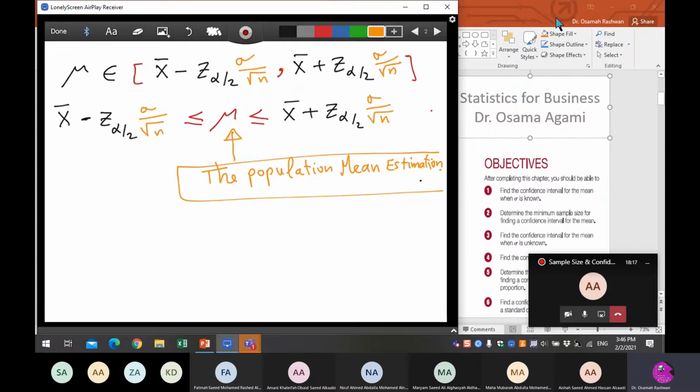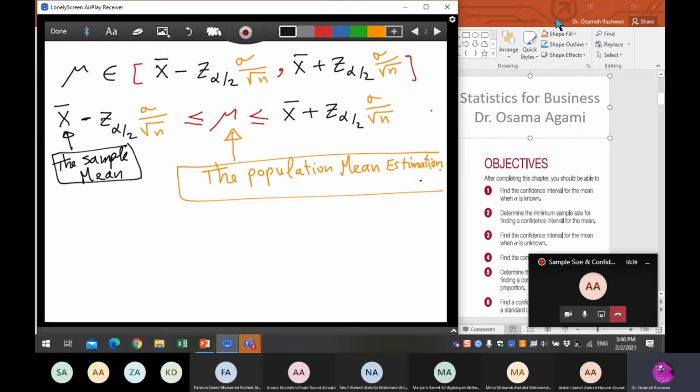So I can estimate the value of the population mean using the sample mean.